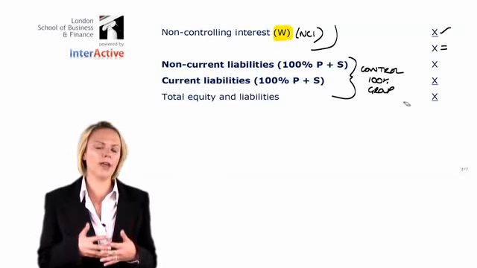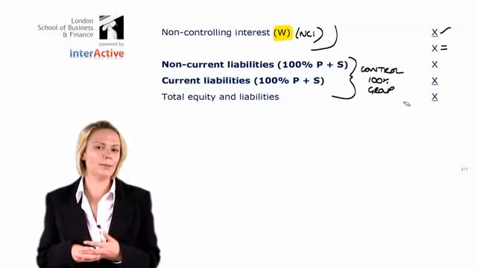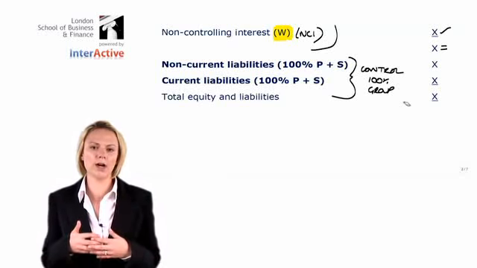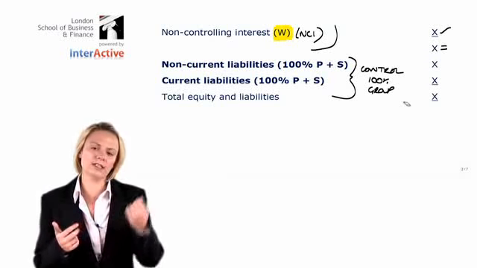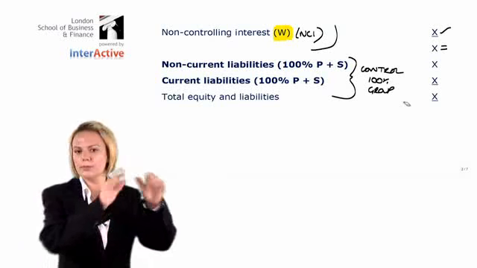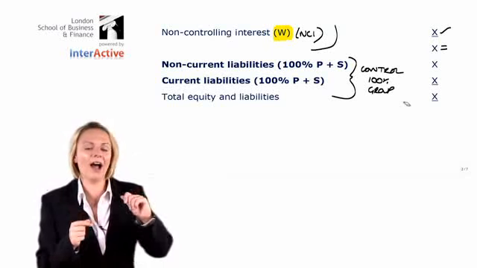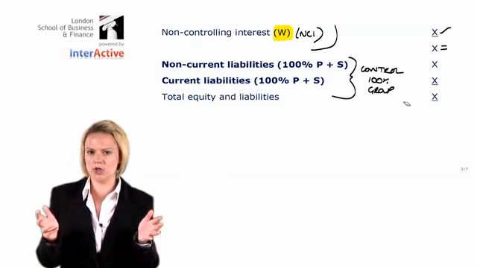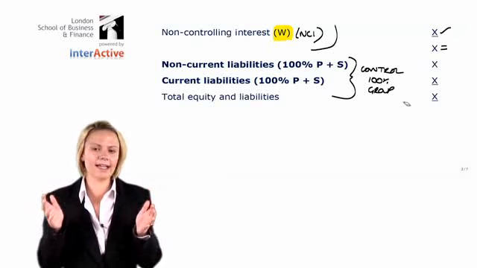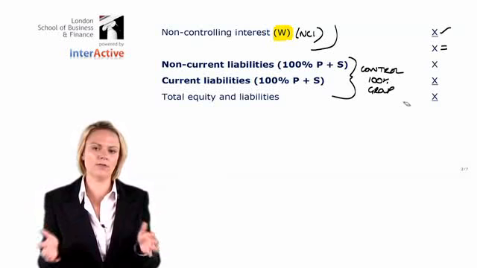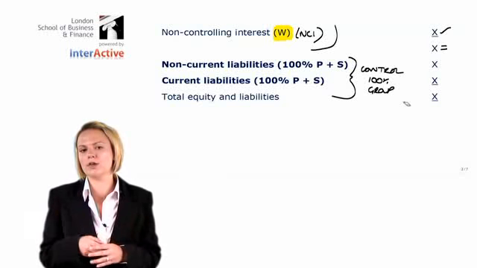But I'm going to talk through them through the first example in your notes. So in the next session, we'll talk through those workings. But what I would do is maybe put a post-it note or something on those workings after this page, just so you have it as a reference when you're doing questions yourself. In the next session, though, we'll actually do a consolidated statement of financial position from scratch and see how we do those workings.